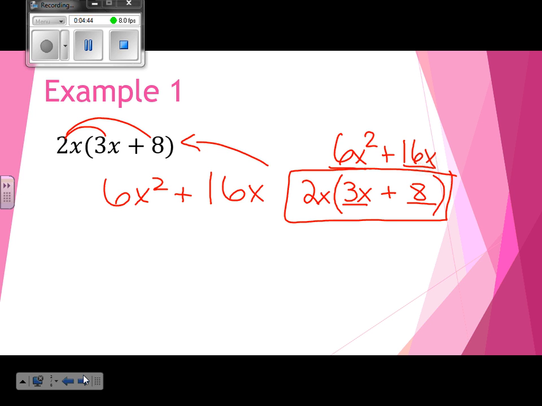One factor is the monomial, which is 2x. What's the other factor? What's it being multiplied by? A binomial. 3x plus 8 is your other factor.